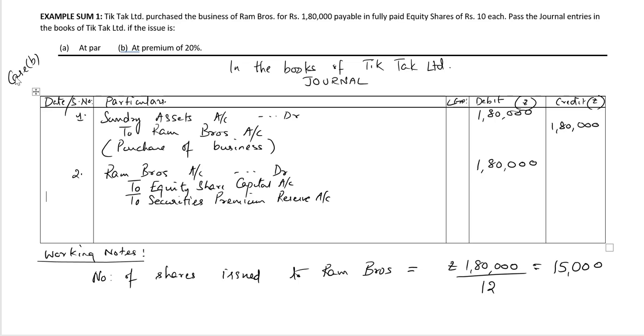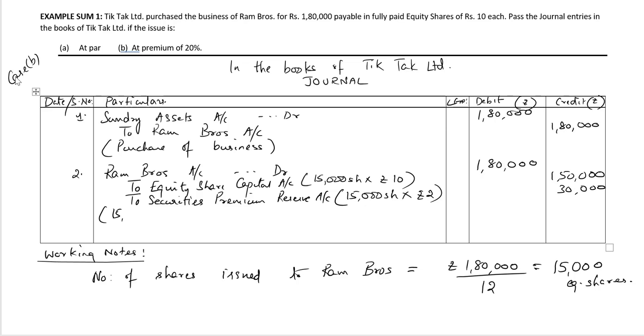15,000 equity shares issued. Against equity share capital, the amount is 15,000 shares multiplied by the face value per share, which is rupees 10, comes up to 1,50,000 rupees. And against securities premium reserve, 15,000 shares multiplied by rupees 2, which is the premium per share, comes up to 30,000 rupees.